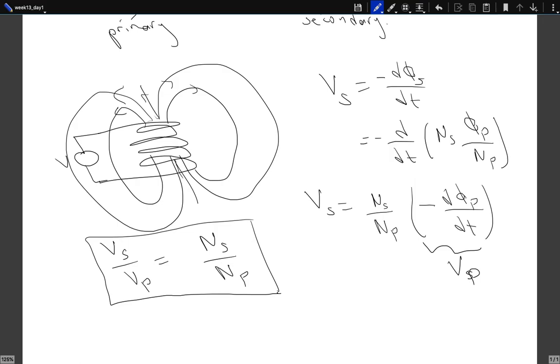So this gives us a way to increase the potential or decrease the potential of an AC potential difference. So for example, there are wires that cross countries, they are usually called high tension wires.